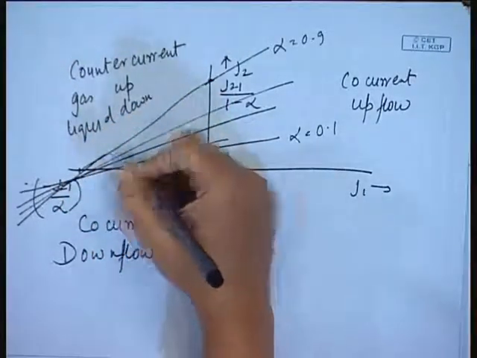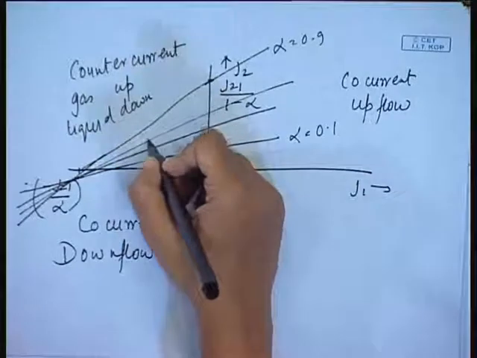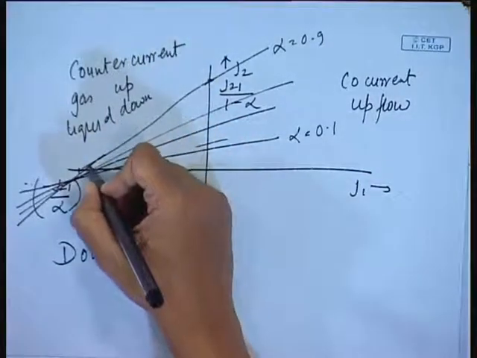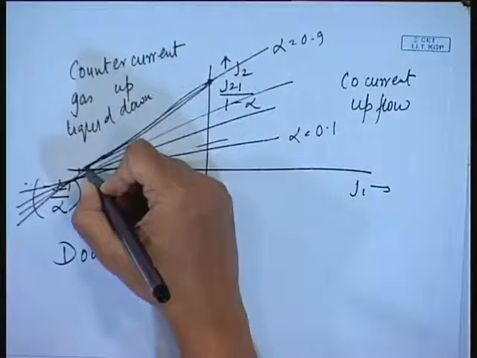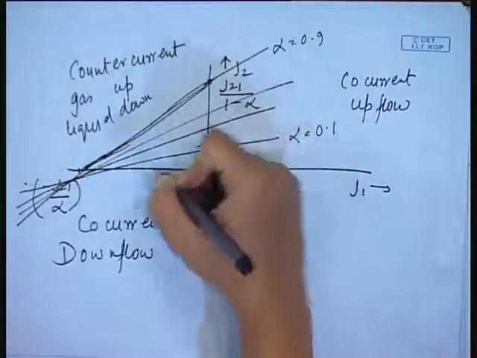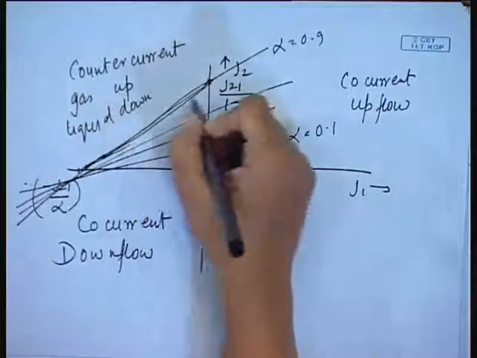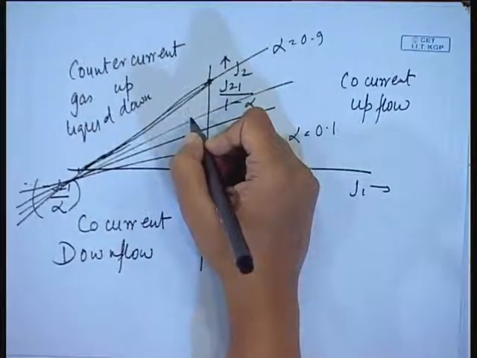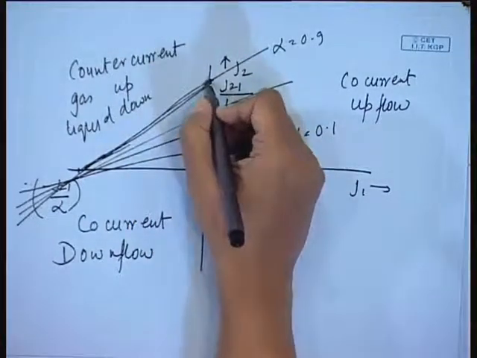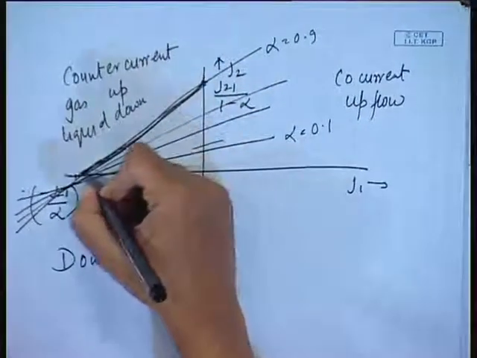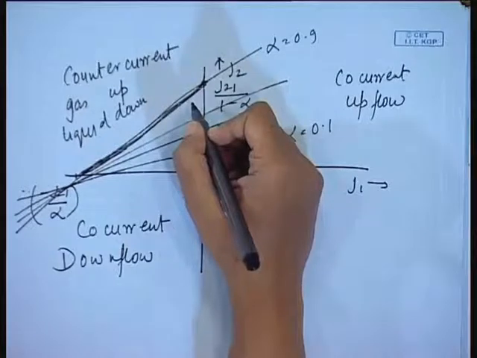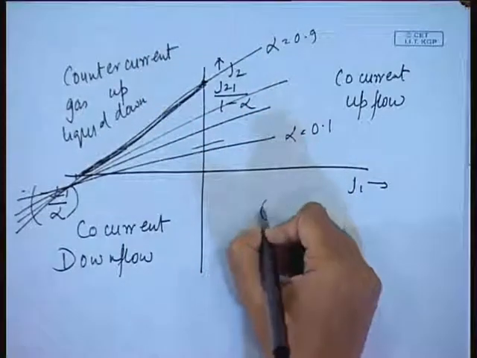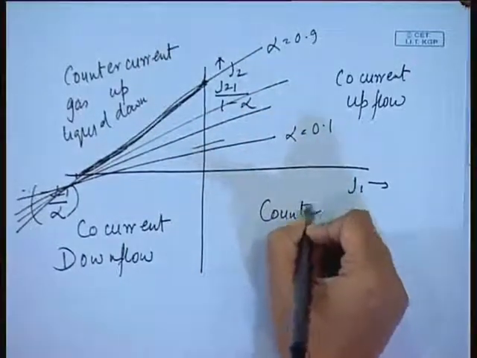Since I have not drawn it very well, but if you draw it, you will find some sort of a limiting region where solution is possible, beyond that solution is not possible, and this will be a curve limited by the flooding line.